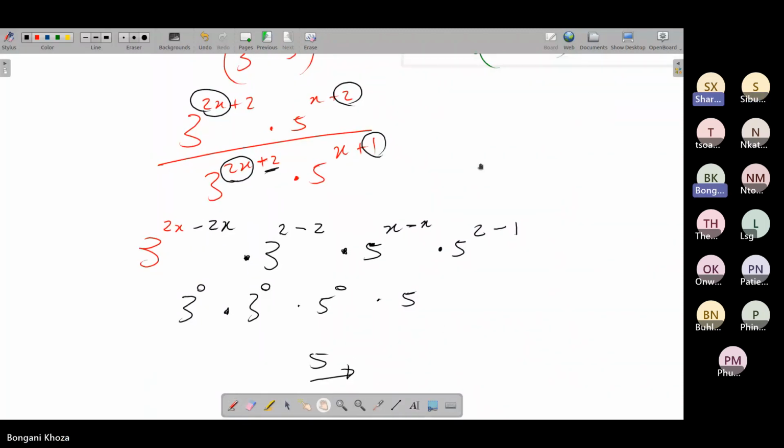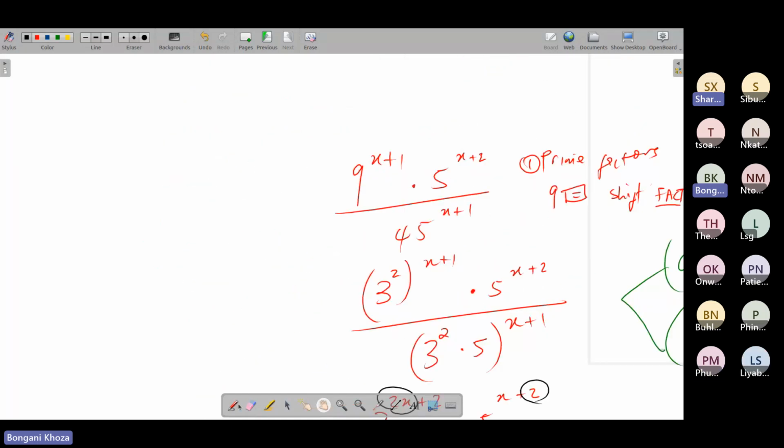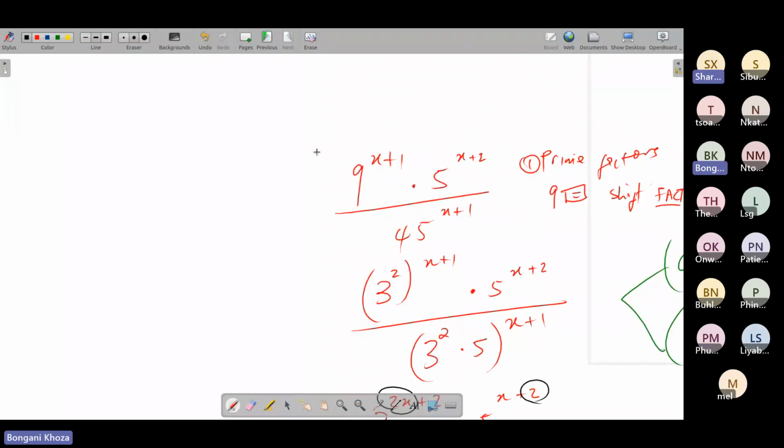All right, so remember you should test if your answer is correct. So you can use x being 0. So 9 exponent 0 plus 1 like that, times 5 exponent 0 plus 2, over 45 exponent 0 plus 1, and see if you're getting 5.